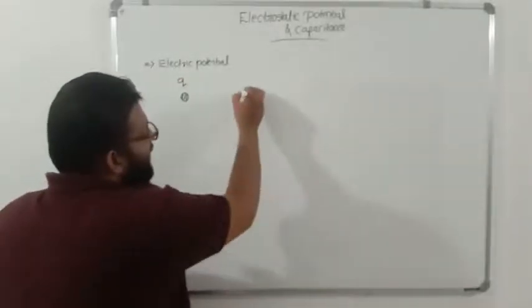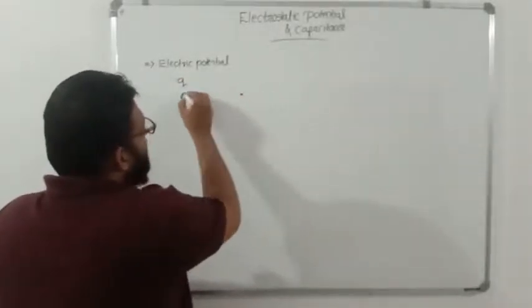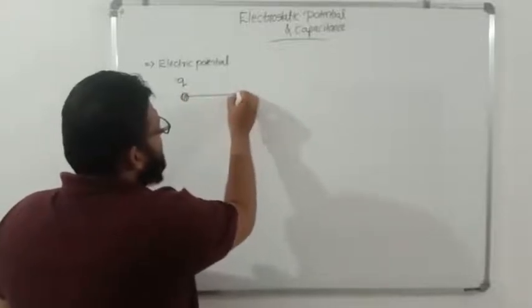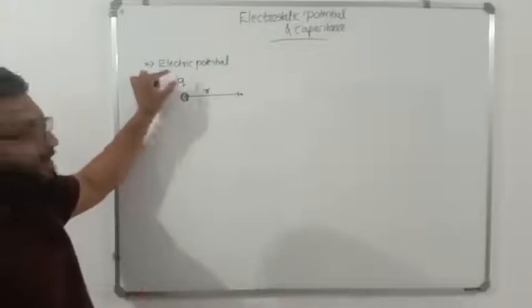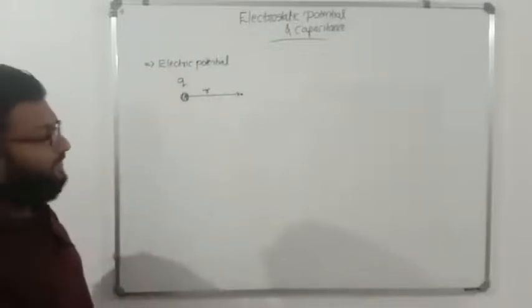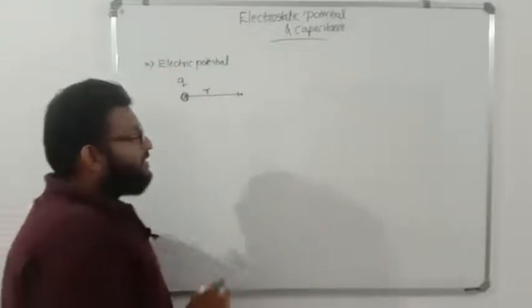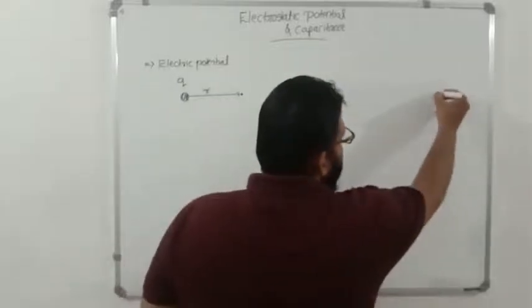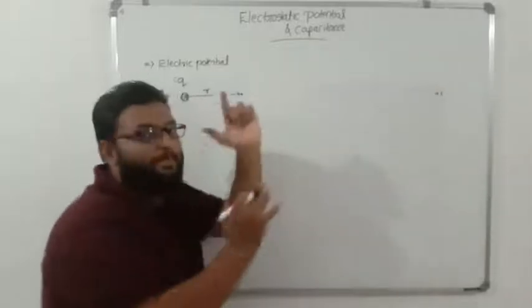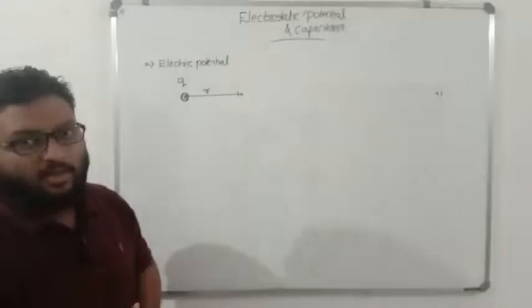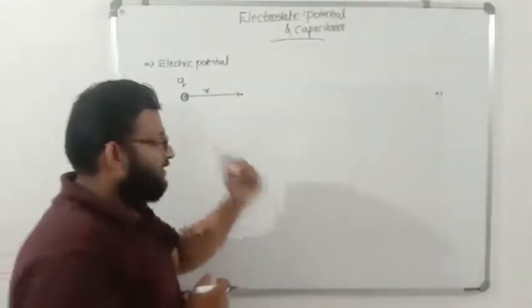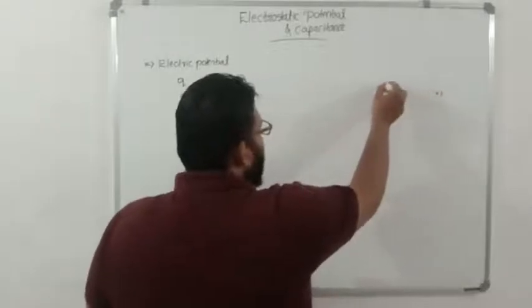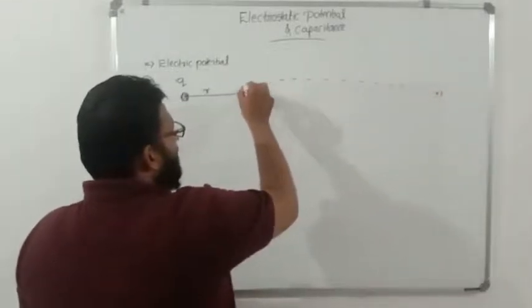We will select a point at a distance small r from the point charge that we selected. Now suppose we are having a unit positive charge initially placed at infinity. When we provide some force on that unit positive charge, this charge will move and comes to this point.